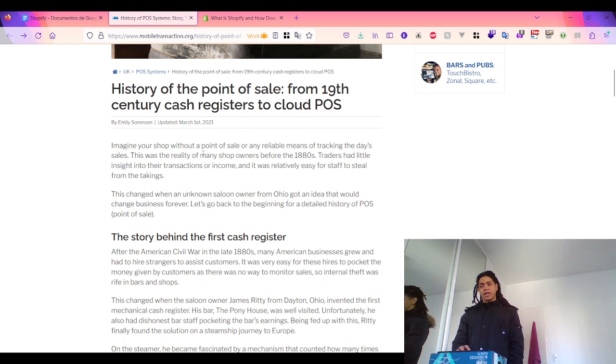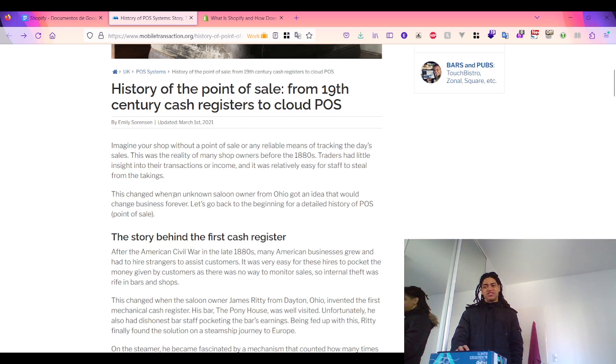This was the reality of many shop owners before the 1880s. Traders had little insight into their transactions or income, and it was relatively easy for staff to steal from the takings. This is interesting because in the 1880s, that was the reality of a lot of shop owners: they had little insight into their transactions or income.